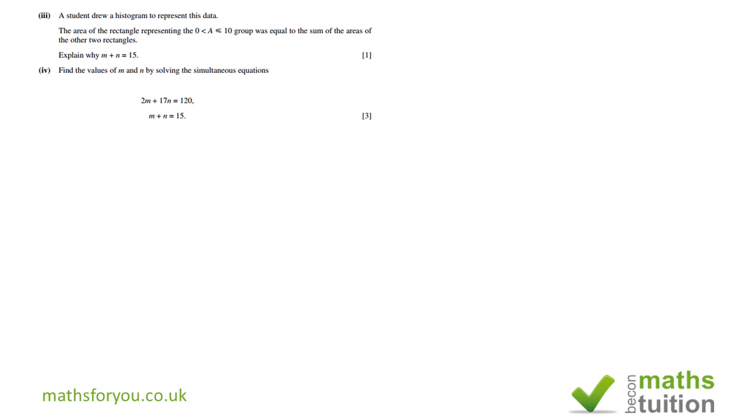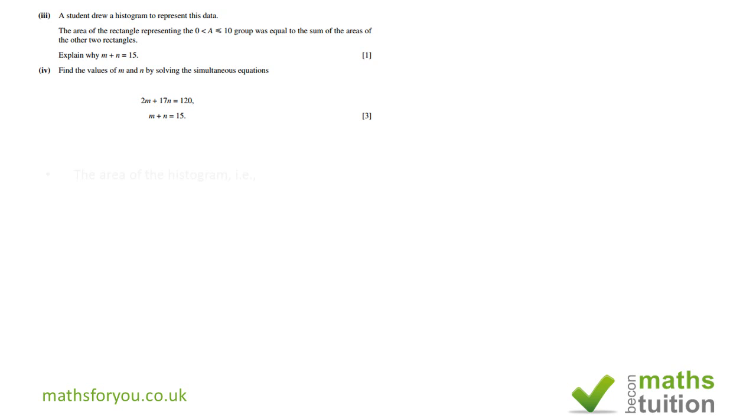Right, and now for the last section. We're told that we have a histogram, and that in this histogram the area occupied by the interval 0 to 10 is equal to the sum of the areas of the other two class intervals. And it says explain why M plus N is equal to 15.